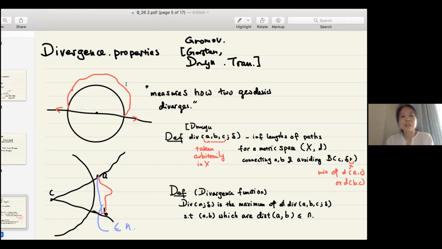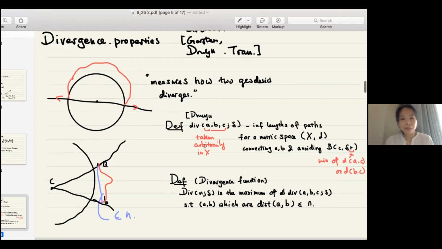And this notion first appeared in the asymptotic invariants of infinite groups by Gromov, but was first formally defined by Gersten. And then the notion also appeared in some other papers. And there's also the generalized, relative version in Tran's paper.